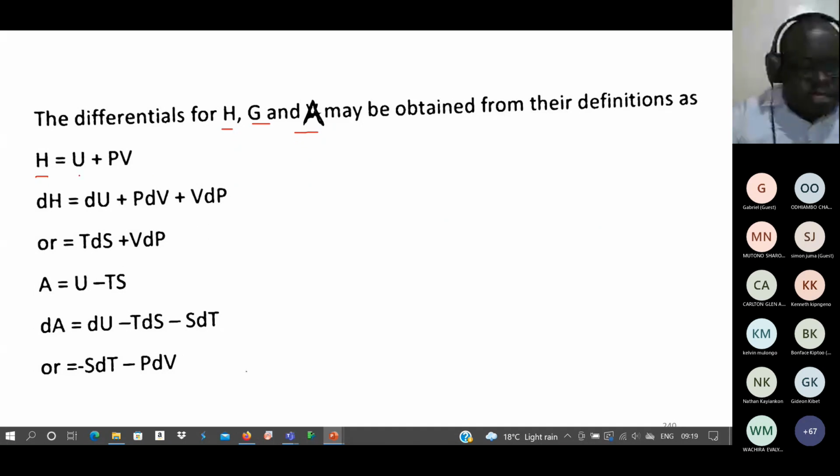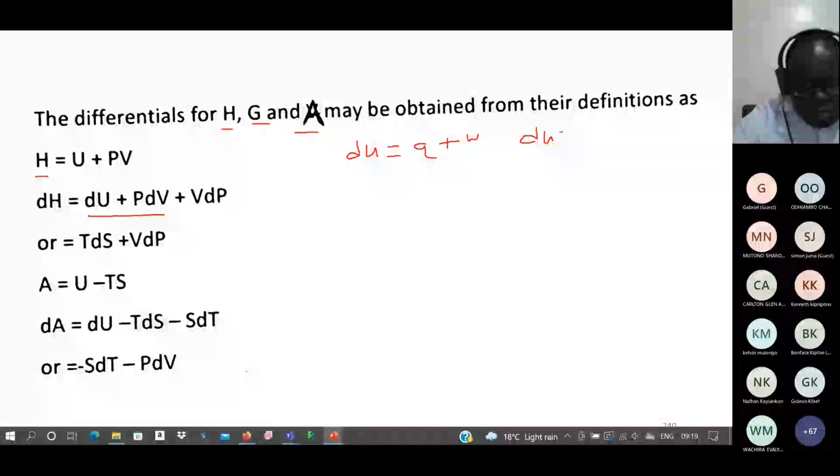Differentiating this expression, you get dH equals dU plus P dV plus V dP. Now, from the first law we said dU equals Q plus W, and then dU equals Q minus P dV.